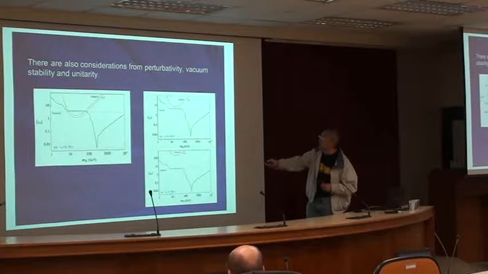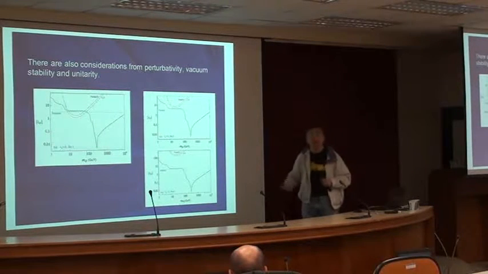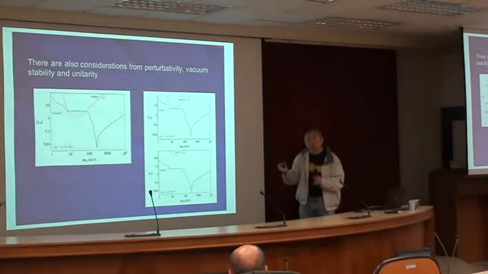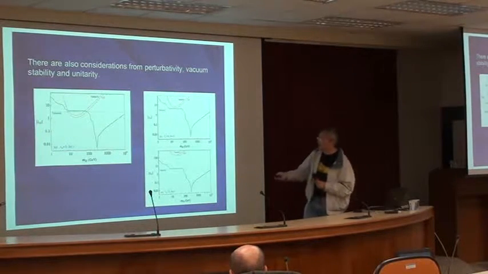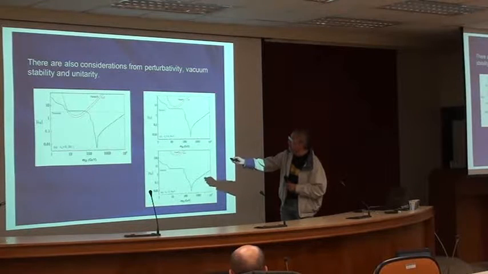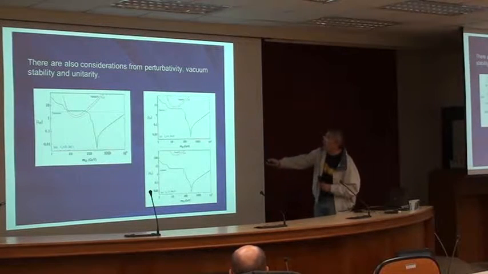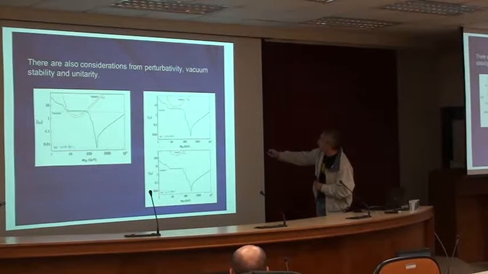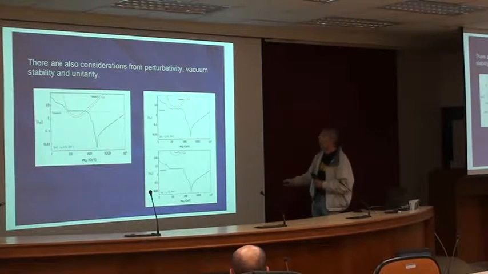If you cross this line, you have a problem with one of the things I listed: unitarity, perturbativity, maybe vacuum stability. So this line is ruled out. That means above here is not allowed, and below is allowed. So in that case, you always find maybe about 90 GeV is still allowed.